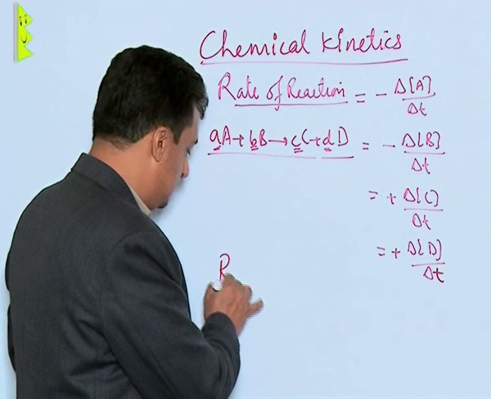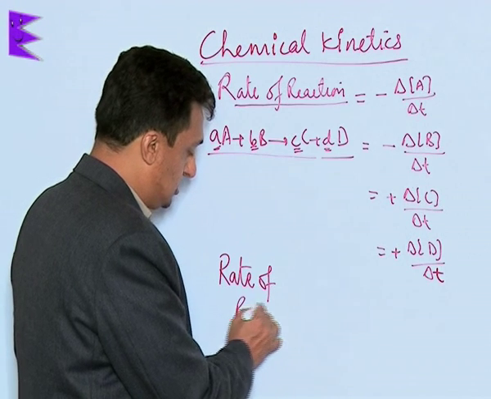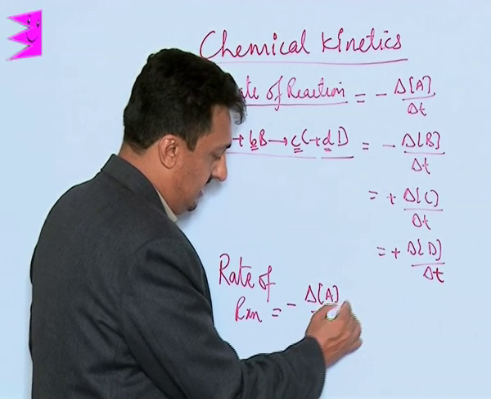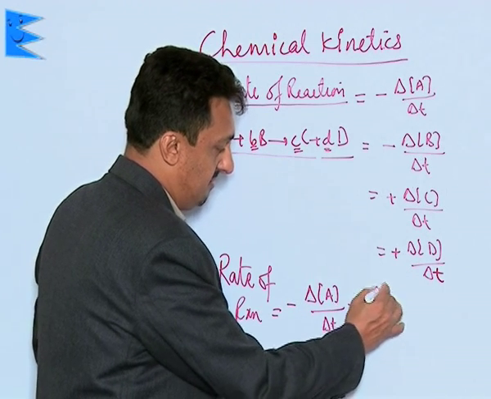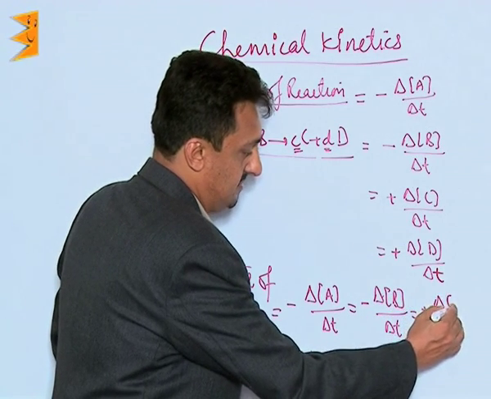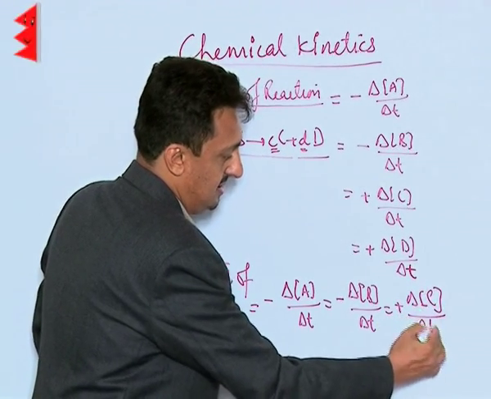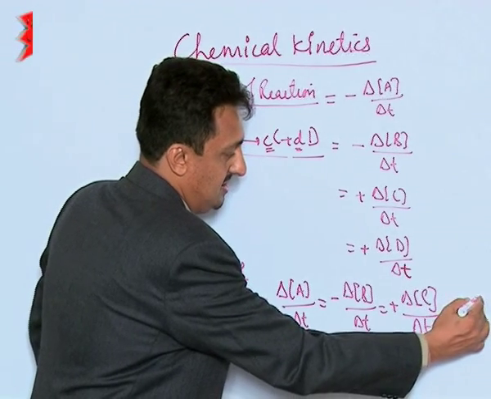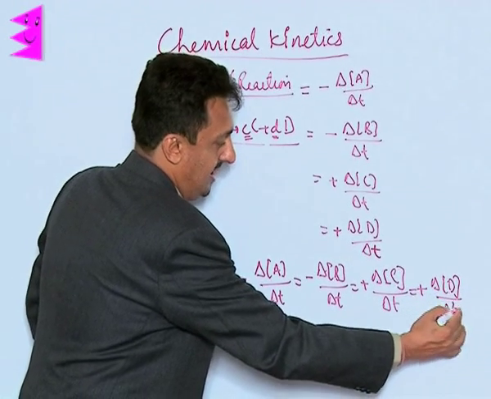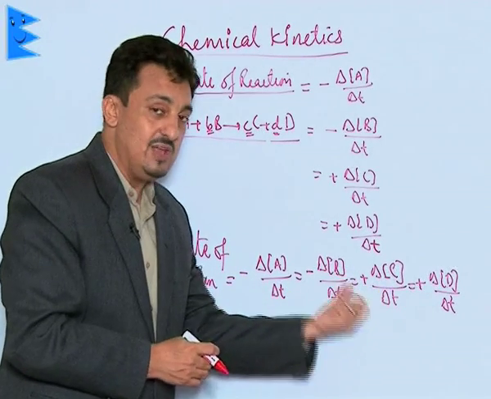This can be written as: the rate of reaction will be equal to minus delta A by delta T, minus delta B by delta T, plus delta C by delta T, plus delta D by delta T. Now, these four as such are not equal to each other.